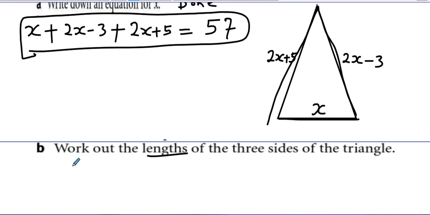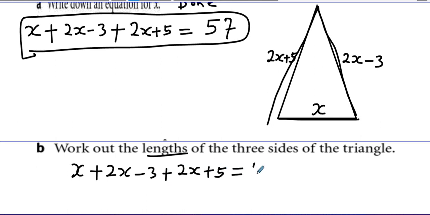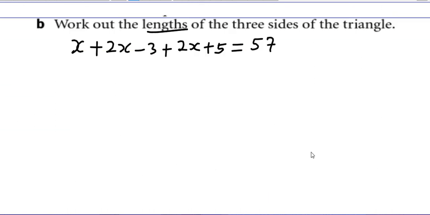So we need to find the value of x from this equation. We have x plus 2x minus 3 plus 2x plus 5 equals 57.